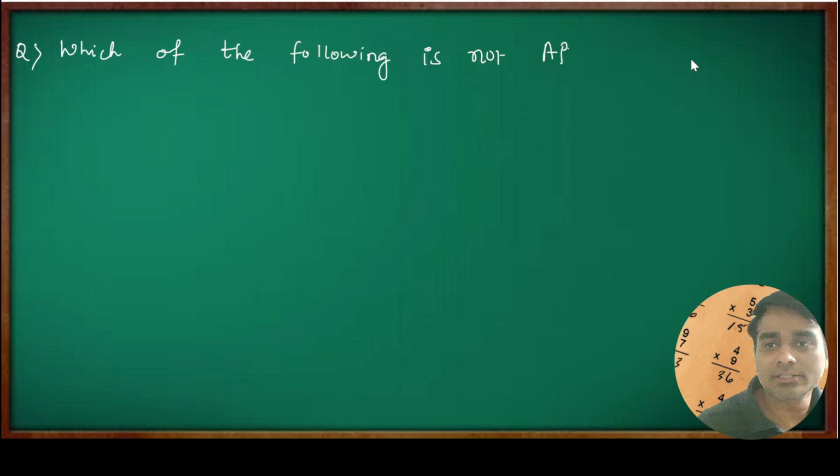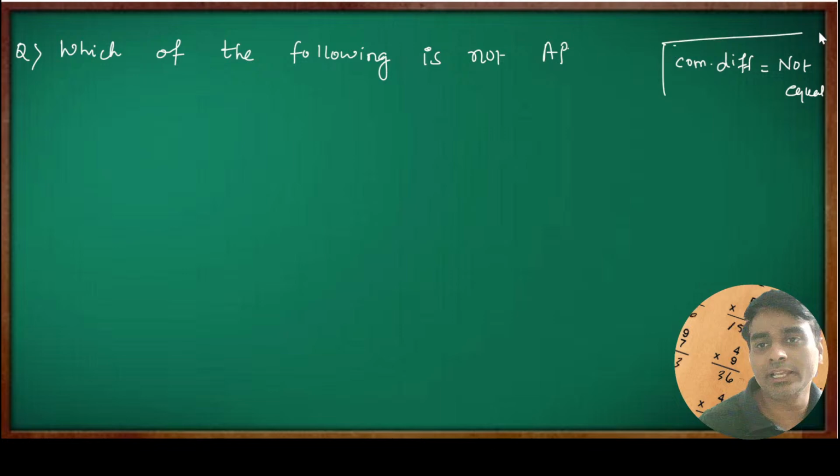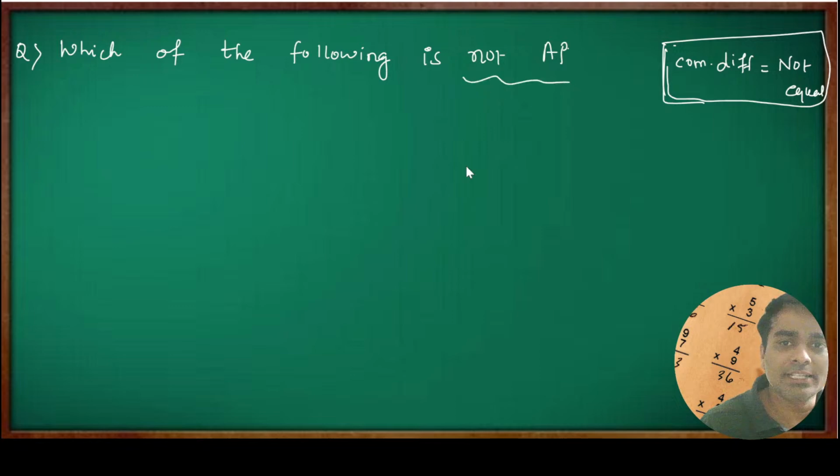The concept behind this is the common difference. Common difference should not be equal. While finding the common difference, if you get anywhere that the common difference is not equal, then straight away you can identify that it is not an AP. That's the concept behind this.